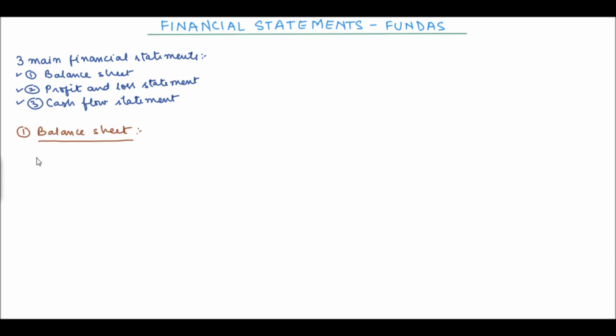So the balance sheet communicates information about assets, liabilities, and shareholders' equity for a business firm on a specific date. So the balance sheet of a firm prepared on, let's say, 31st March 2018 reveals the firm's financial position on this specific date.